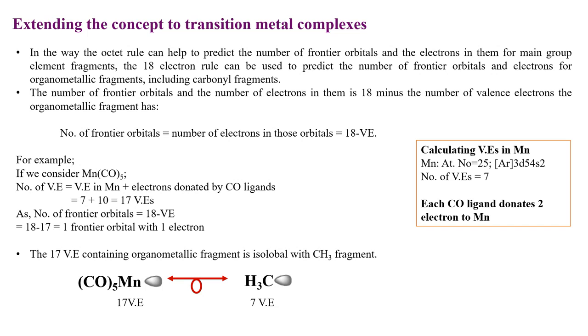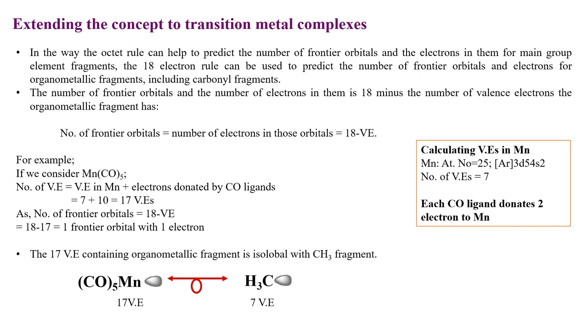We have to add the number of valence electrons in the metal manganese and the number of electrons donated by the carbonyl ligands. Remember, each carbonyl ligand donates 2 electrons. Manganese has atomic number 25 and its outer shell electronic configuration is 3d5 4s2, so totally 7 valence electrons, plus the electrons donated by the ligands, 5 multiplied by 2, 10. So it will be totally 17 valence electrons in this particular complex Mn(CO)5.